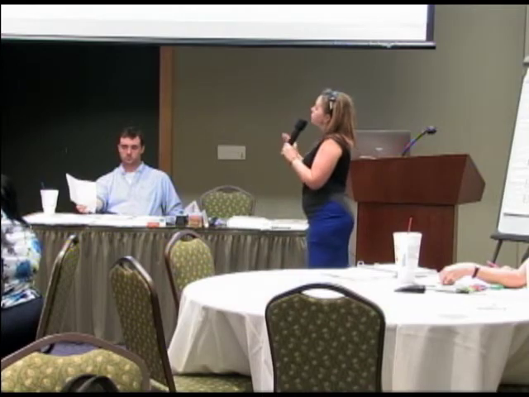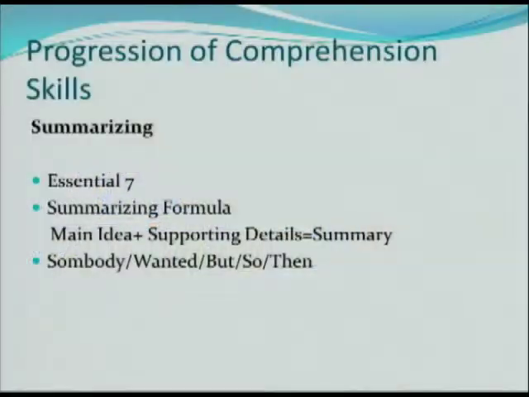The first strategy you see up here is the Essential 7. This is my favorite strategy. Ms. Sparks actually showed this strategy to me, and when I had my students do it, they absolutely loved it. What happens with the Essential 7 is students will pick out the 7 most important words or phrases.